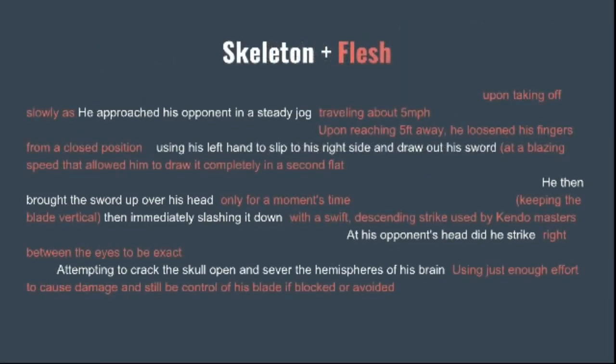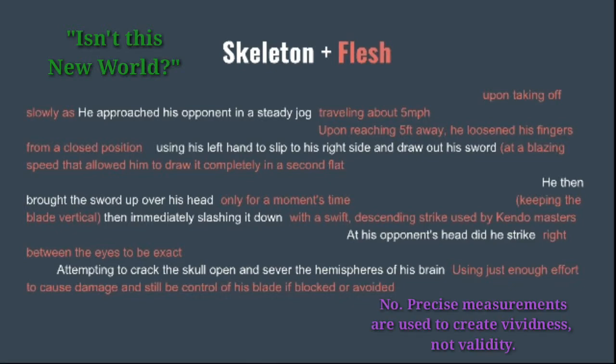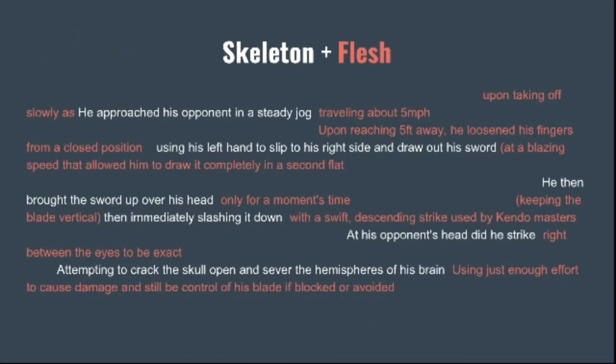The next is the flesh. The flesh are all the measurements used to bring out a fuller picture of the dynamics within the battle. These dynamics can be illustrated through a numeric value, simile, or metaphor. A writing scenario like this may be confused with New World, but this is not the case. The flesh is used to lower the chances of assuming particular dynamics used to legitimize certain actions and attacks.